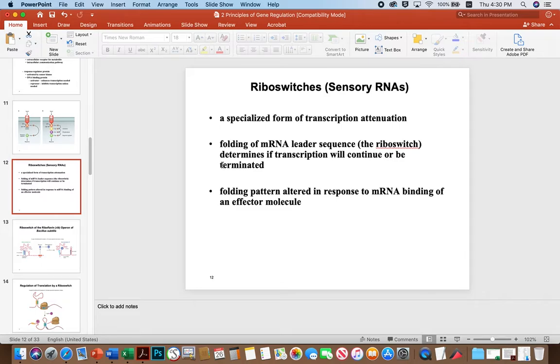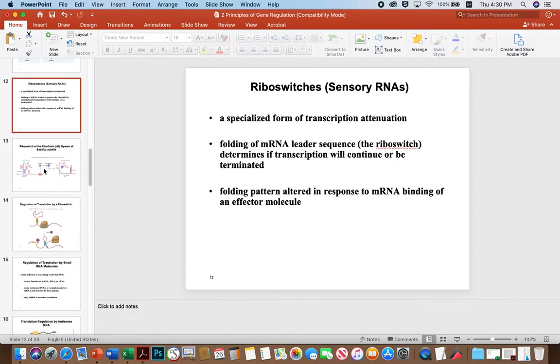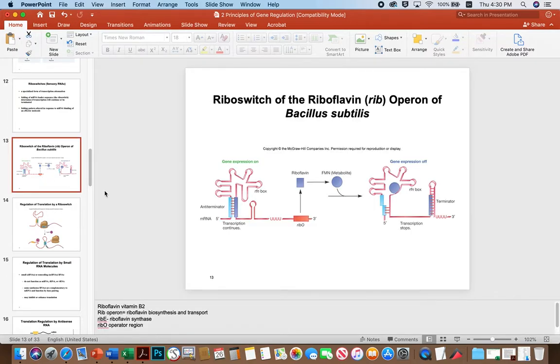Another interesting concept in gene expression in microbes is riboswitches or sensory RNAs. You can read this text, but the image here goes along with that. This is a riboswitch of the rib operon from Bacillus subtilis.